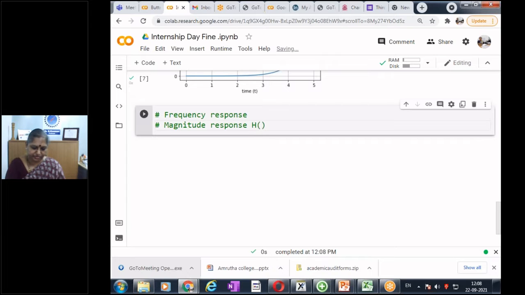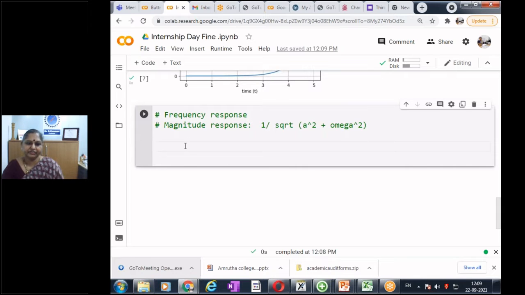The magnitude response, the magnitude of H of omega, is given by 1 by square root of a square plus omega square. So let's do this part, and then we will include the phase response as well.